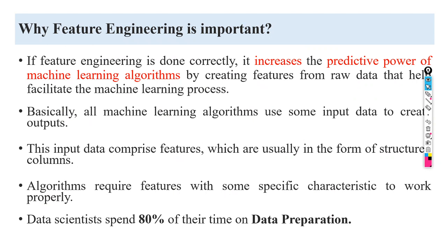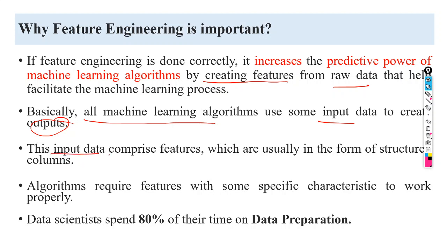So why is feature engineering important? If feature engineering is done correctly, it increases the predictive power of the machine learning algorithms. Suppose you are not doing feature engineering properly, then automatically it may impact the performance of the machine learning model, and accuracy is not good. Done correctly, it increases the predictive power by creating features from the raw data set. Basically all machine learning algorithms use some input data to create outputs.